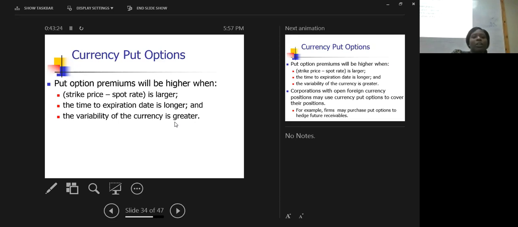So when will it? A put is like insurance for the long side. You want some sort of insurance so that if the value of the underlying goes down, you do not suffer the loss. You have something to hold value, right? But I want you all to think about this. Two scenarios.